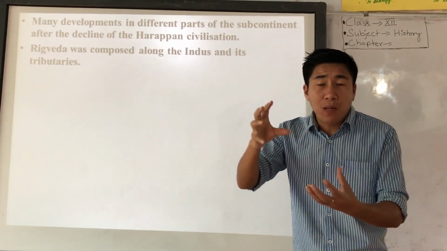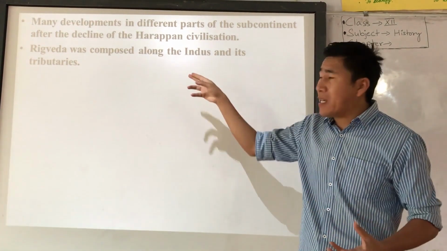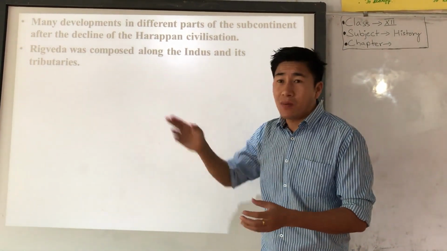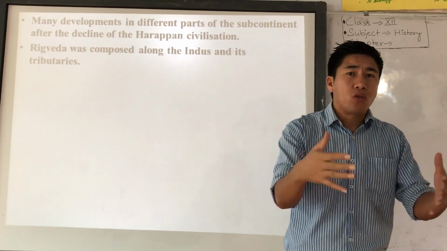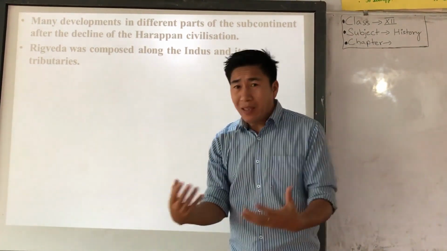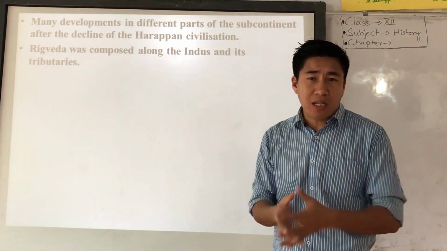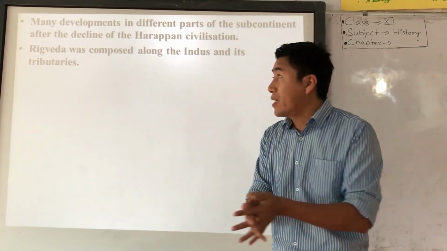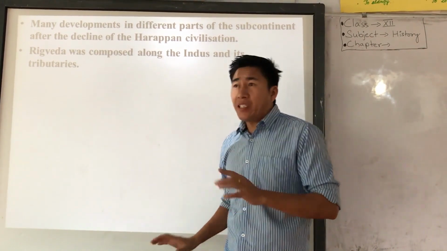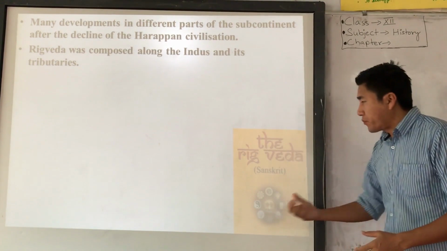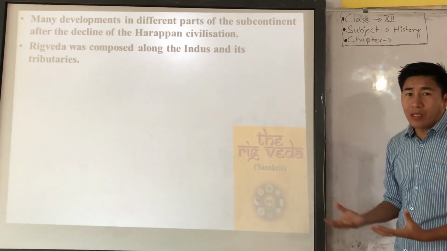The people who lived near the river Indus, especially the Brahmins, and its tributaries, meaning streams that join the main river, started writing the Rig Vedic text, one of the most ancient Hindu texts of India.